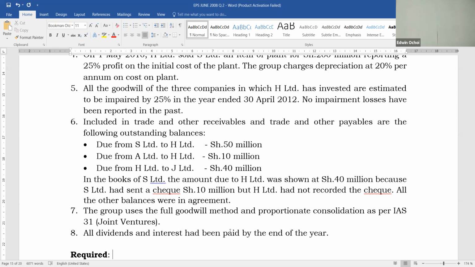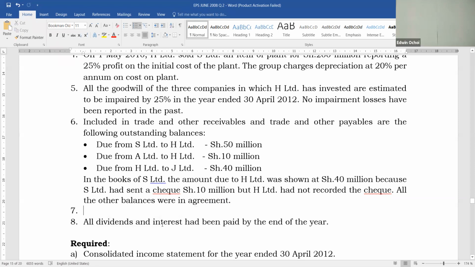Number 7, the group uses full goodwill. So this was not even necessary. Even if they could have removed it that way, you need to know that when you are computing goodwill of the investee companies, like now the subsidiary, obviously for you to use the full method, you must be given the fair value of non-controlling interest.